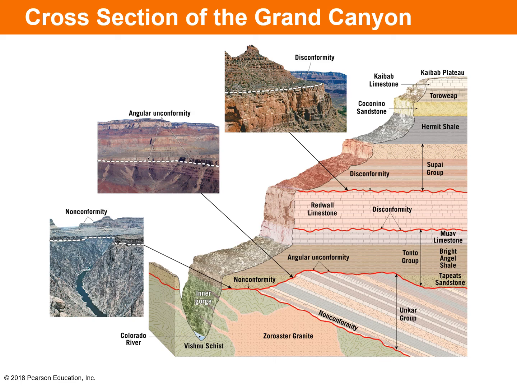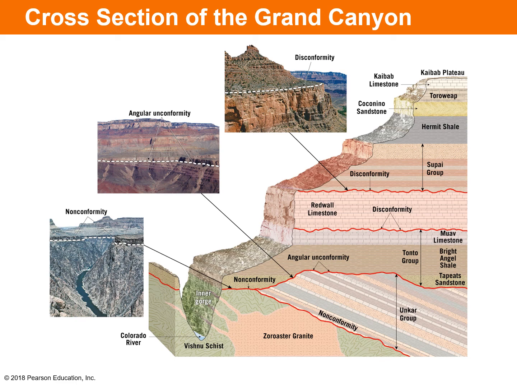And then right next to that nonconformity, you can see an example of an angular unconformity. And this occurred because you had deposition of the Unkar group, which were sedimentary rocks. And those were deposited at an angle because of the way that the Vishnu Schist eroded, which was at an angle.